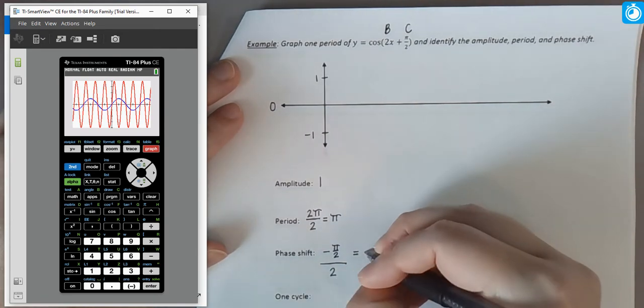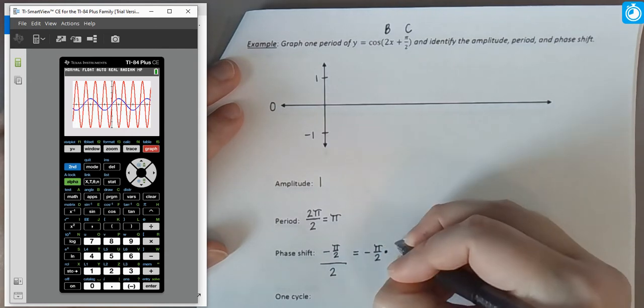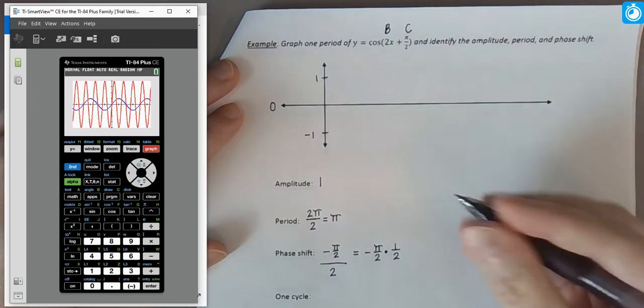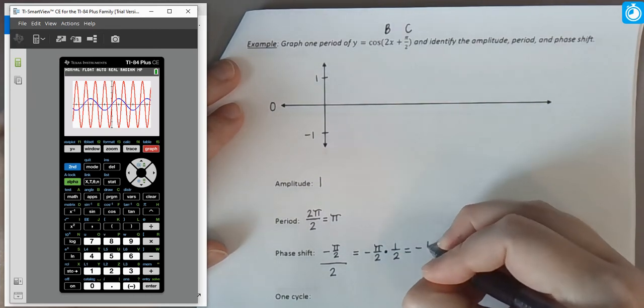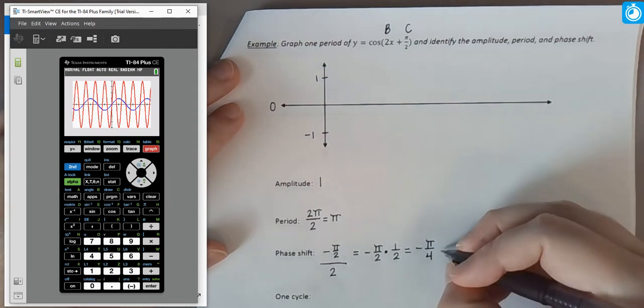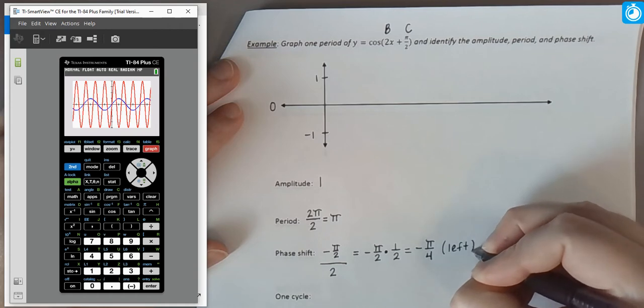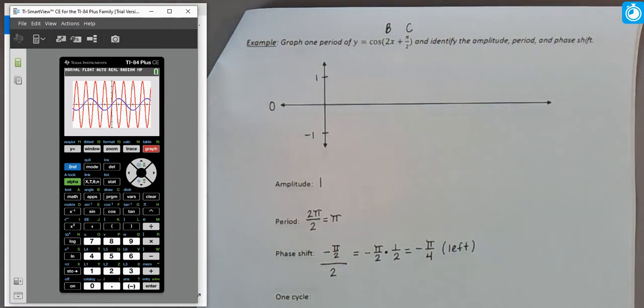So we can rewrite that as negative pi over 2 times 1/2, which is going to be negative pi over 4. And specifically, we know it's negative, but you might want to make a note. This is actually going to be to the left.